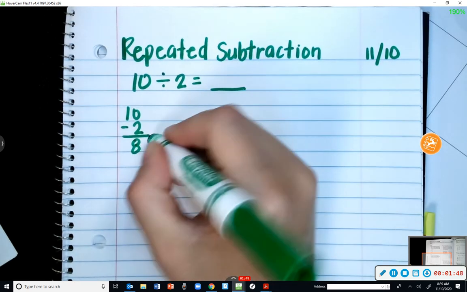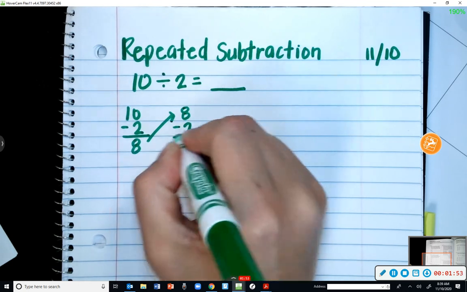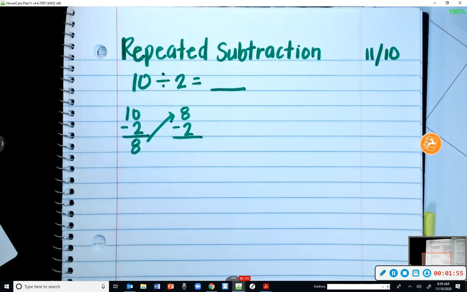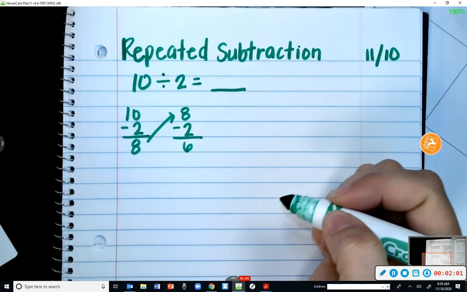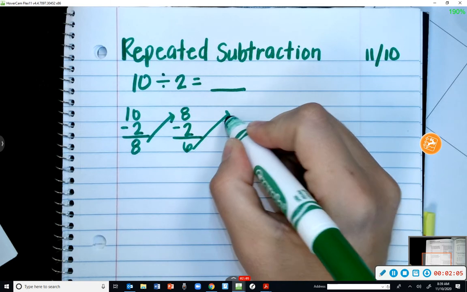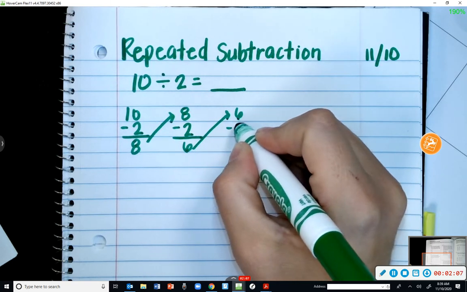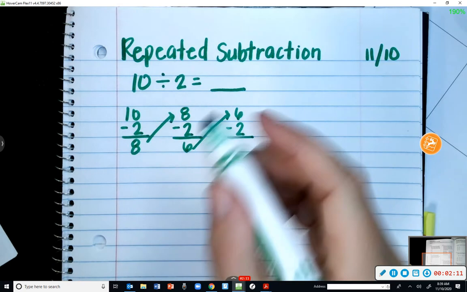So now we take the 8 and subtract 2. That is 6. Good. Okay. Now I'm going to take the 6 and subtract 2. It's 4.